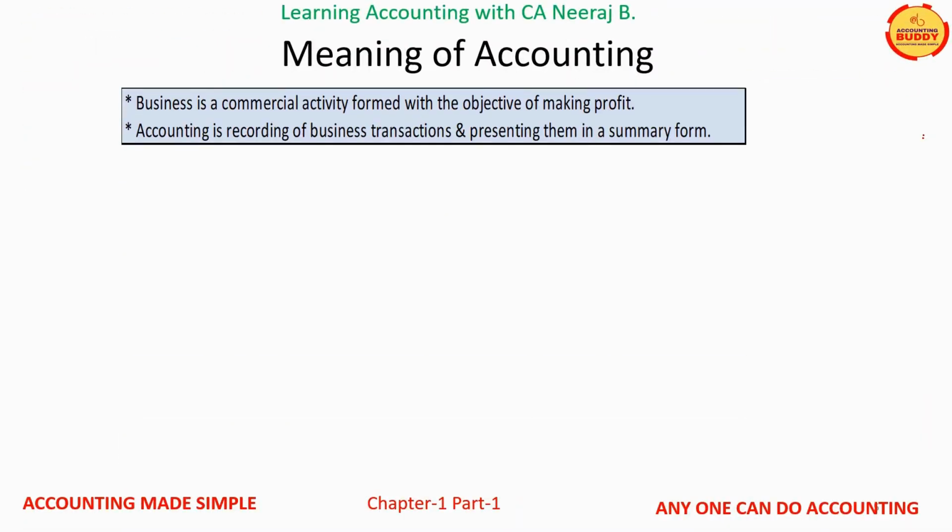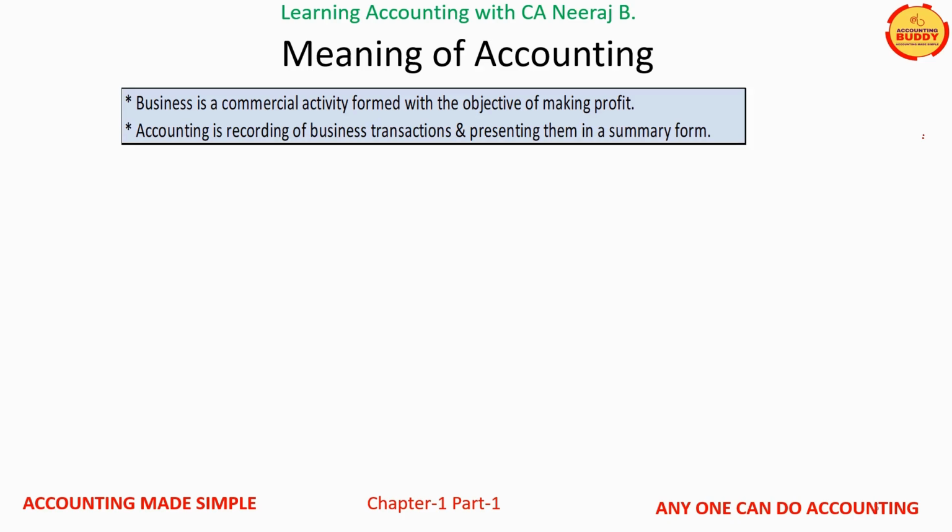In the previous slide, we learned that a business is a commercial entity formed with the objective of making profit. We also learned accounting is recording of transactions and presenting them in a summary form. With this learning, we will further broaden and strengthen our knowledge about accounting.